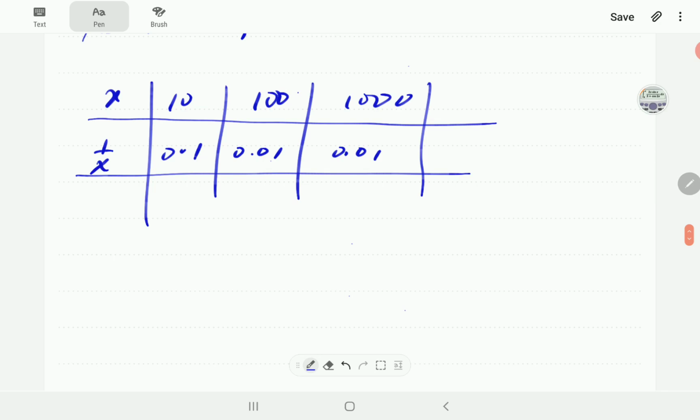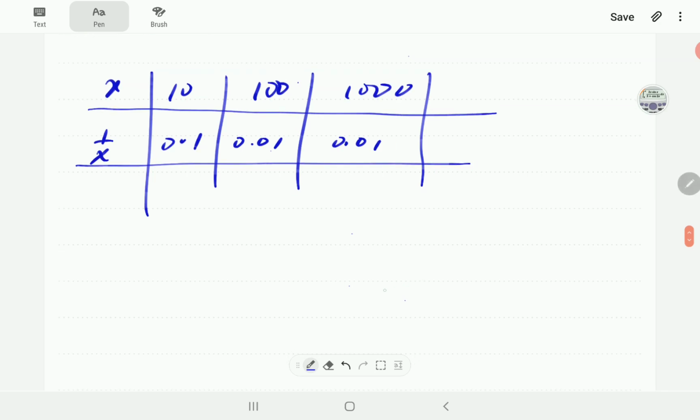Let's just do a quick number line here to see the progression. Imagine that we have a number line here, and imagine that this is 0.1.